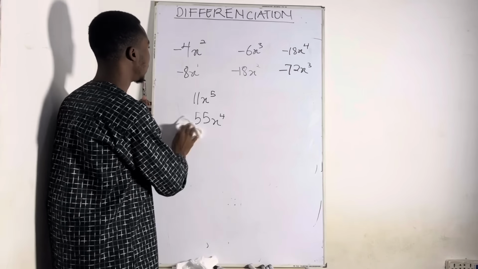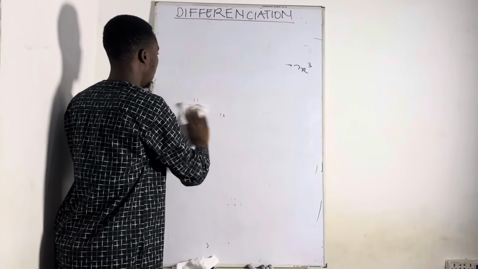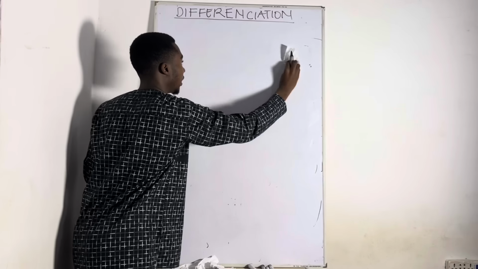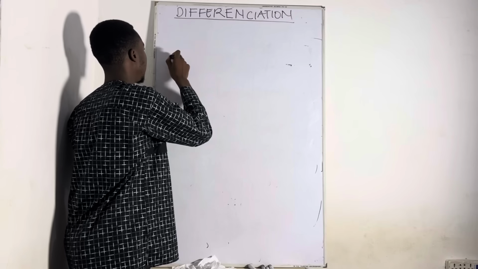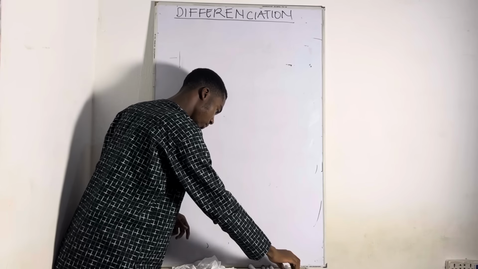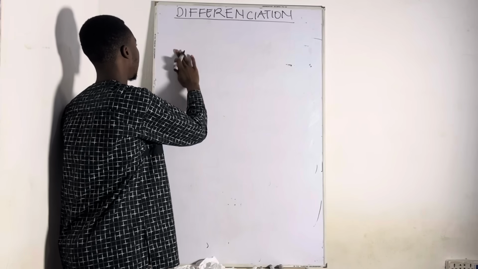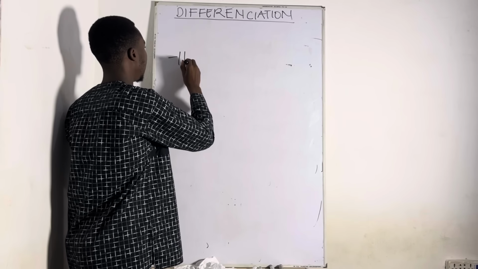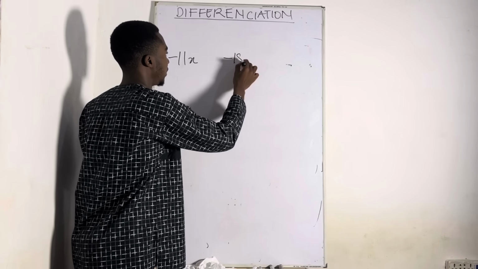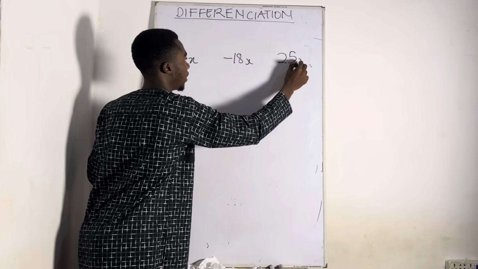Now, the next thing you need to know is that if you have a number without an exponent, so let's say something like negative 11x, or maybe negative 18x, or 25x, any of this.